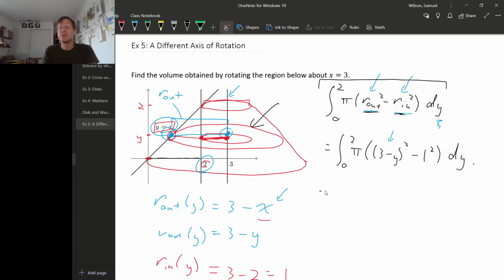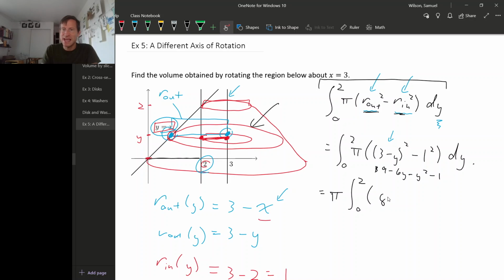All right, so let's evaluate this integral. We can start by moving the pi outside. Integral from 0 to 2. While we're at it, we might as well multiply out and simplify the polynomial portion here. So this is going to be 3 squared is 9 minus 6y minus y squared minus another 1.